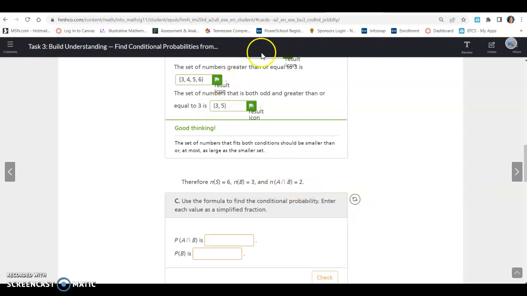You can see where these two overlap when both occur. So the probability of A intersect B is 2 out of the total 6, and 2 out of 6 is 1/3. The probability of B is 3 out of 6, so that's 1/2.